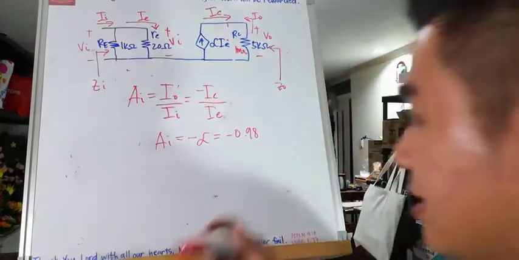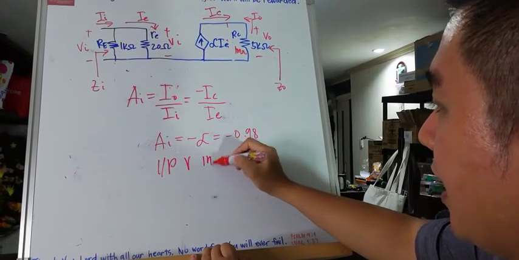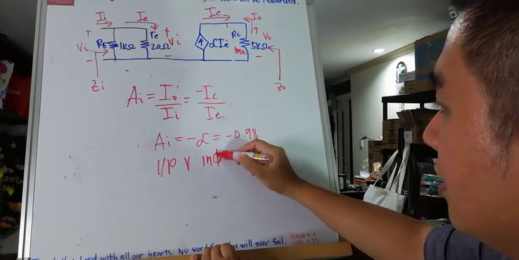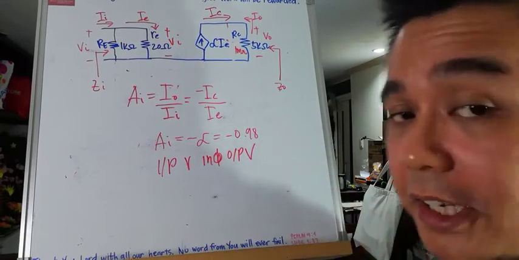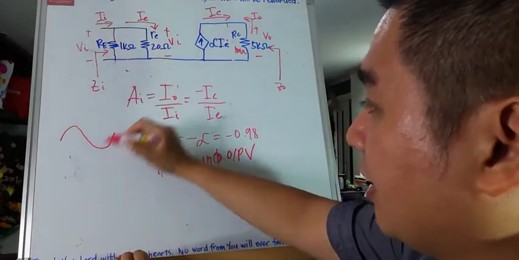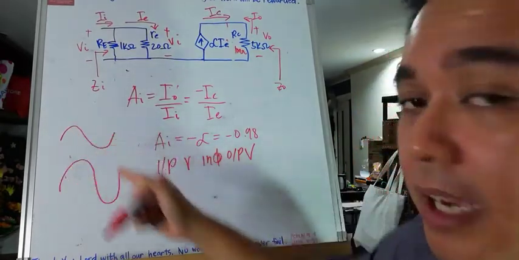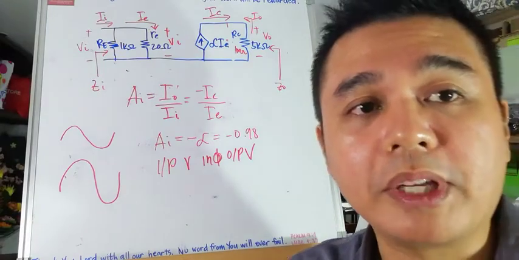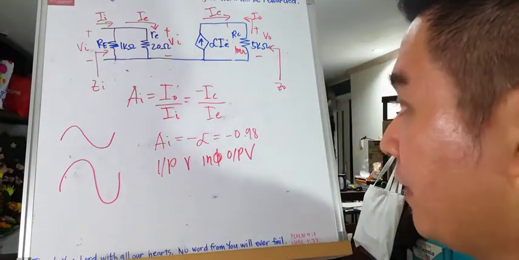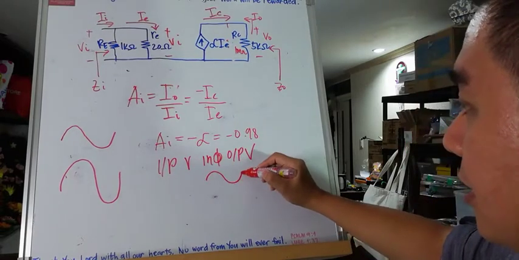No? Sa common base, ang input voltage is in phase with the output voltage. So pantay yan. Ito yung ating input voltage, maliit. Ito yung ating output voltage. So pantay sila in phase. Pero ang kuryente natin, no, is out of phase by 180 degrees. So this is our input current, no?